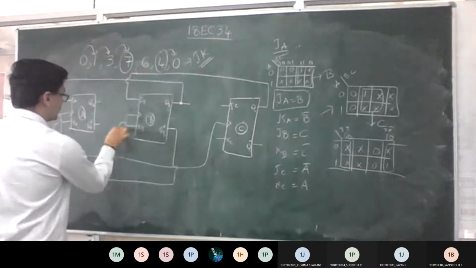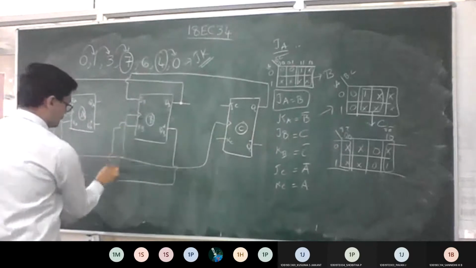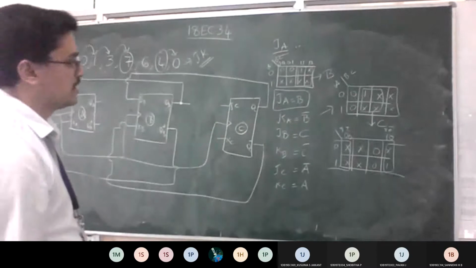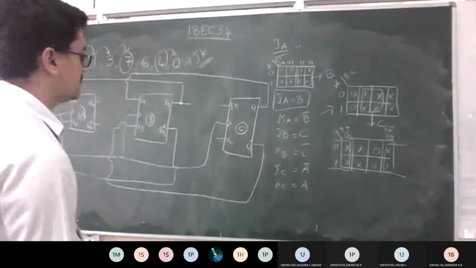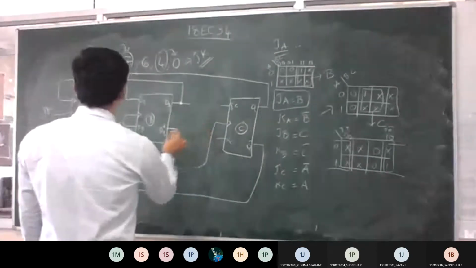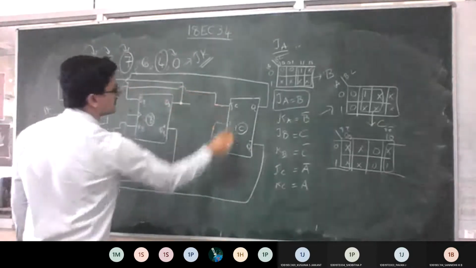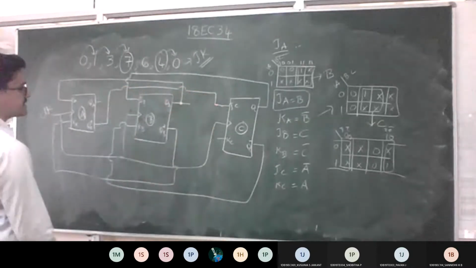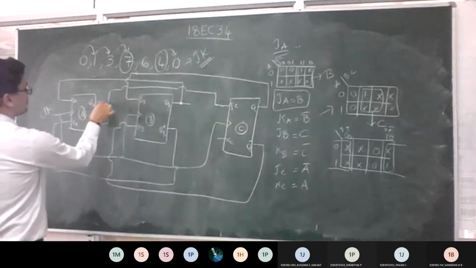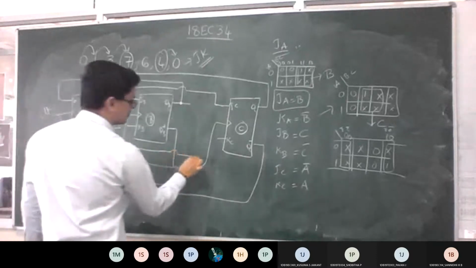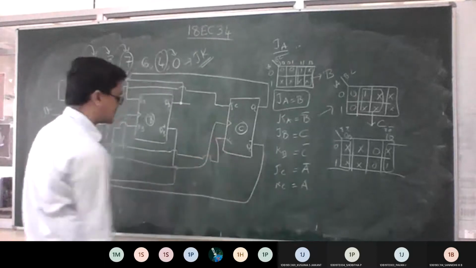So KB you can connect to C bar. Okay. And last part JC implies A bar. So A bar is here. And last KC implies A. So you can take A here. That's it.